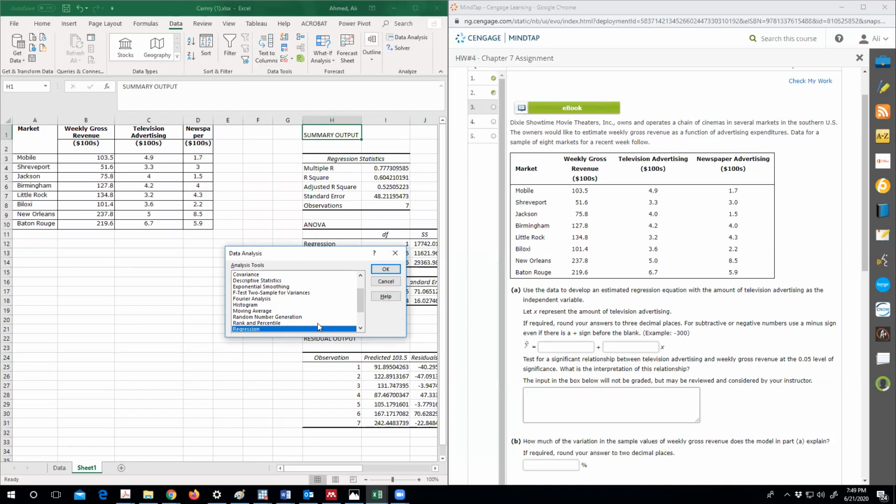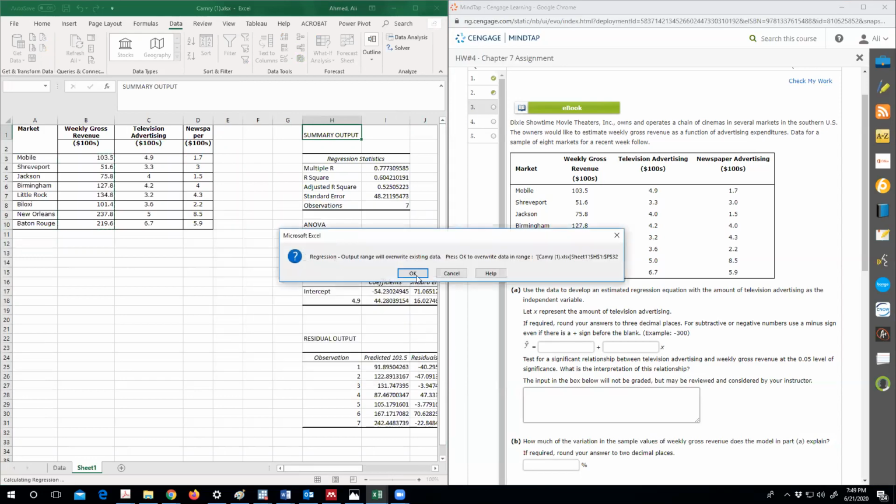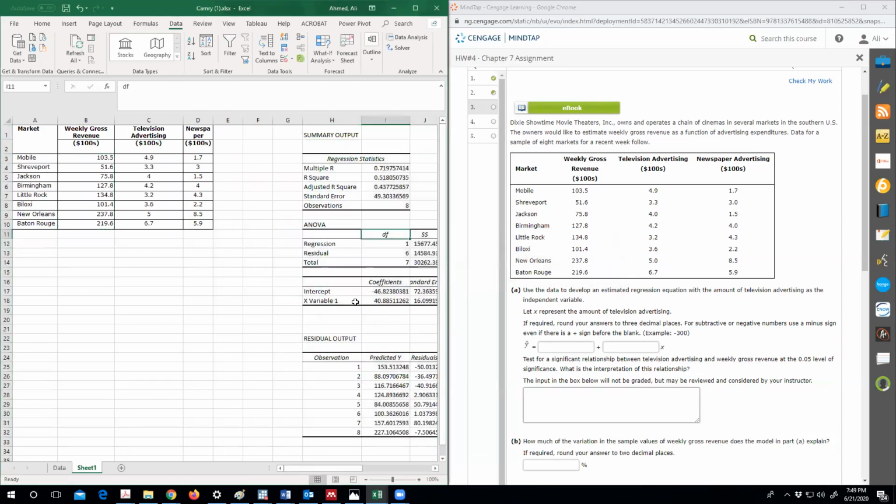Regression. I'm removing the labels so I know exactly what I have in here. All right, so now it's X variable 1. There is no name, but this is our advertising. And then we can just make it 3 decimal places.